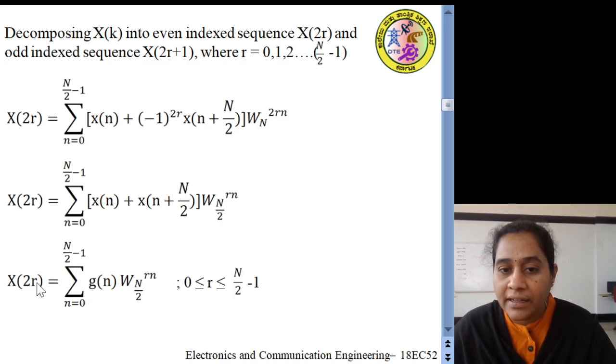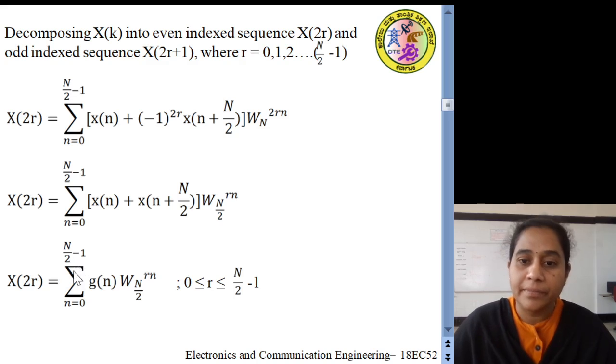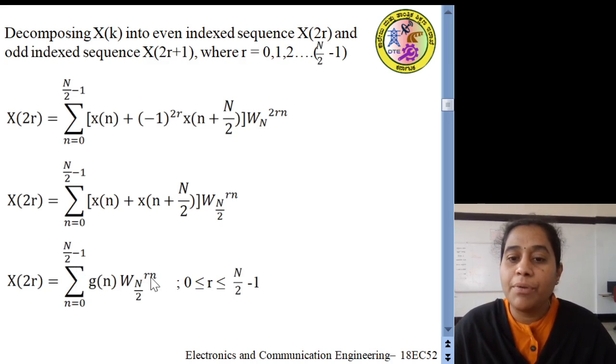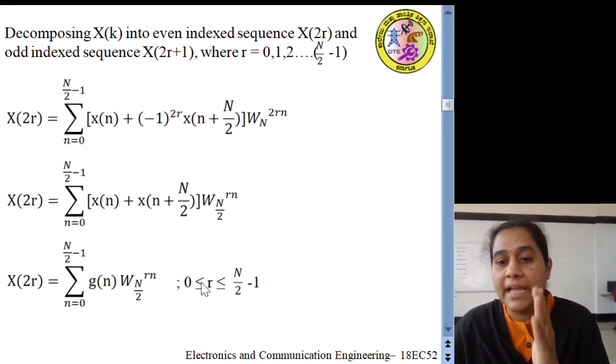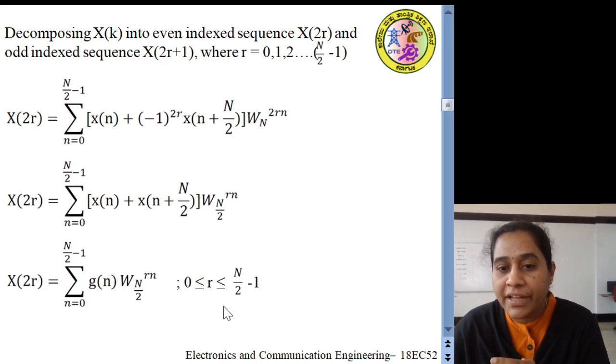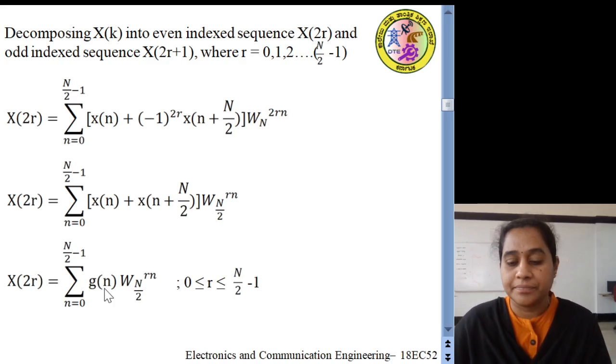Then X of 2r will be equal to summation n varying from 0 to N by 2 minus 1, g of n into WN by 2 raised to the power of rn, for all the values of r varying from 0 to N by 2 minus 1. So our X of 2r now represents the N by 2 point DFT of g of n.